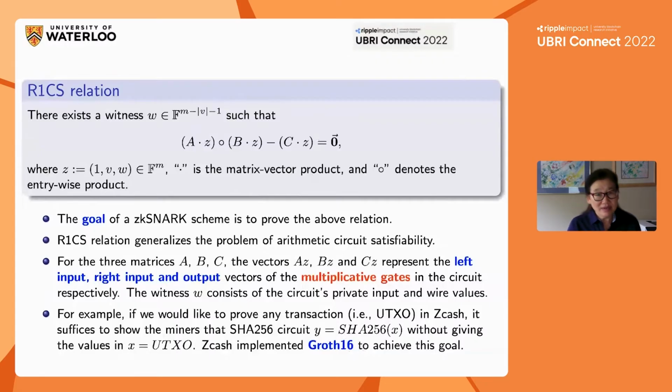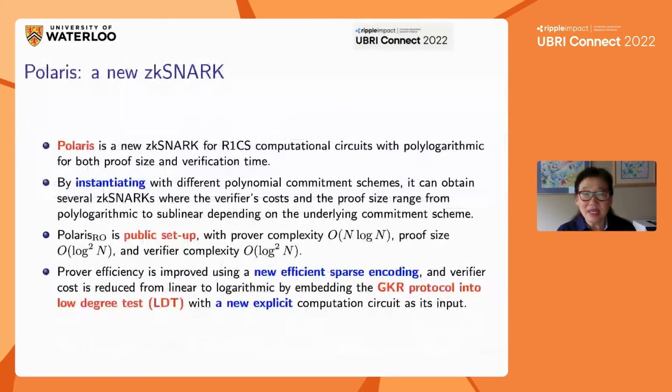So for Polaris, we can basically instantiate Polaris with different polynomial commitment schemes, and we can get the best one with public setup.